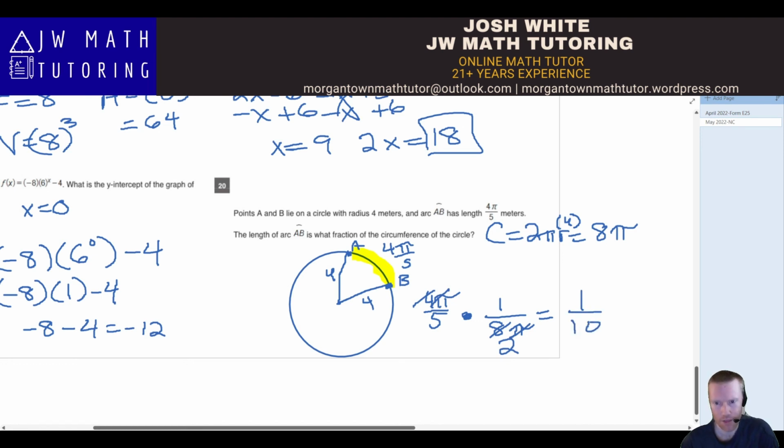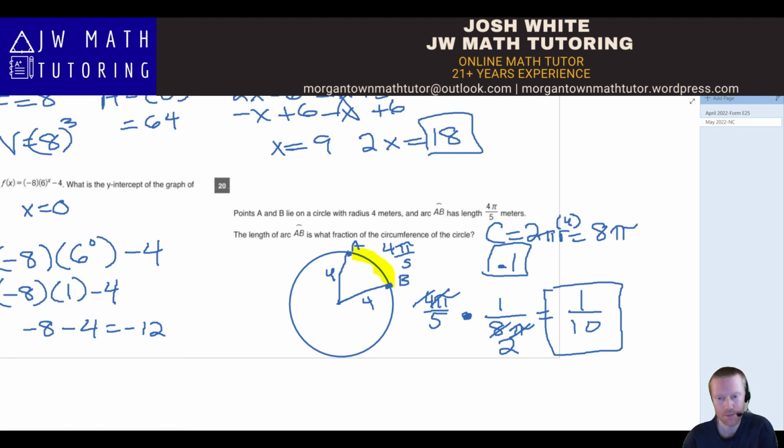So you get 1/10. You could write it as 1/10, or you could write it as 0.1. Either way. The point is, this arc from A to B represents 1/10 of the entire distance around the circle. That's what the question's asking for. That's how you do it.